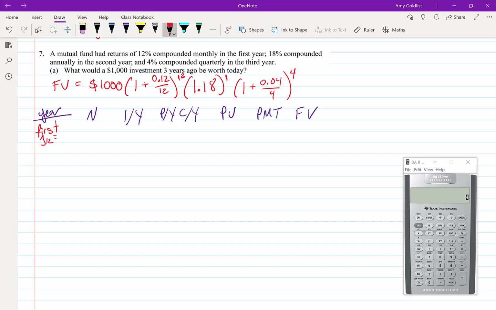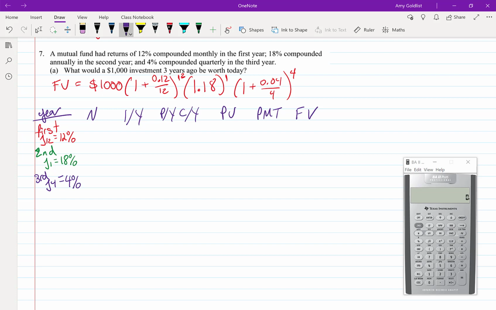I'm going to write J12 equals 12%. In the second year, we have 18% annual, and I'm writing that in. And in the third year, we have J4 equals 4%.